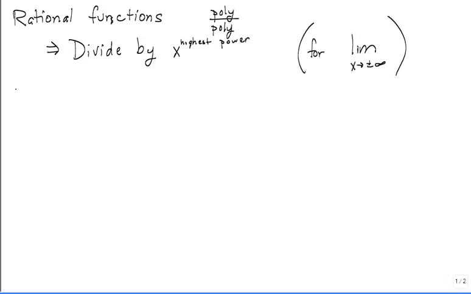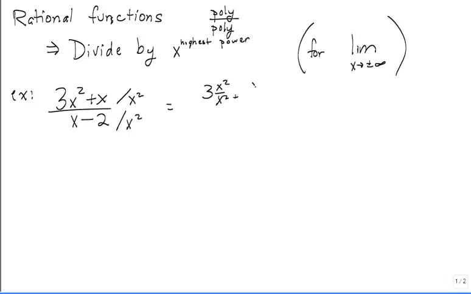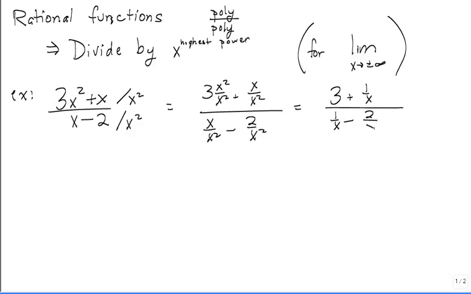So for an example, I have 3x squared plus x over x minus 2. Now in this whole problem, the highest power is 2, x squared. So I'm going to divide everything by x squared. And that's going to be 3 plus 1 over x minus 2 over x squared.